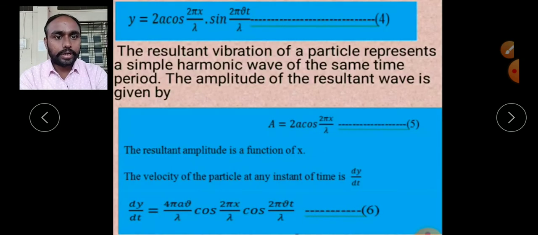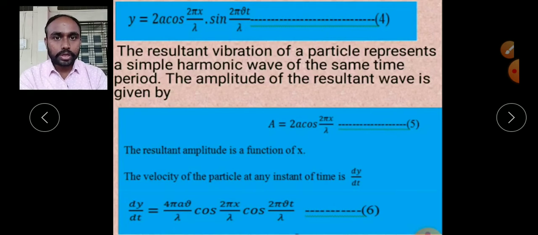Now the right hand side: 4 pi a V by lambda is constant. Cos 2 pi x by lambda is also constant because we are taking the derivative with respect to time. Keep that aside. The derivative of cos 2 pi Vt by lambda, this term contains the time factor, that is why we differentiate it.